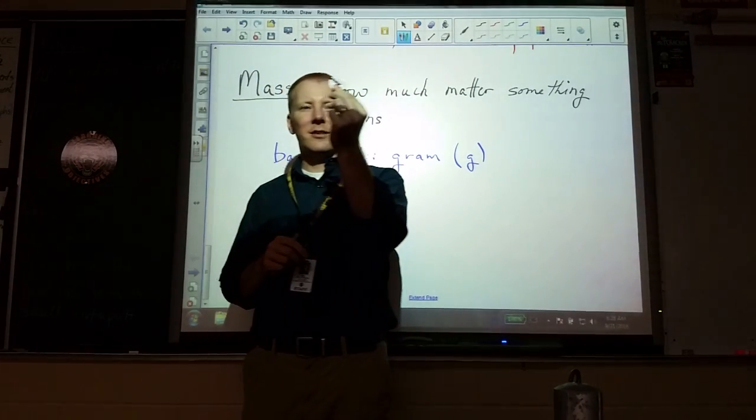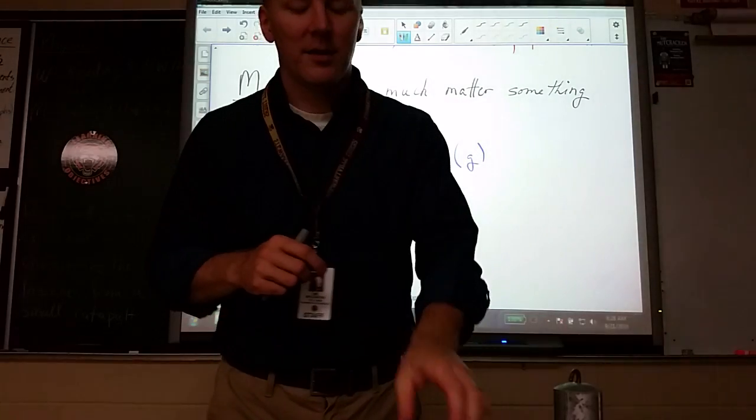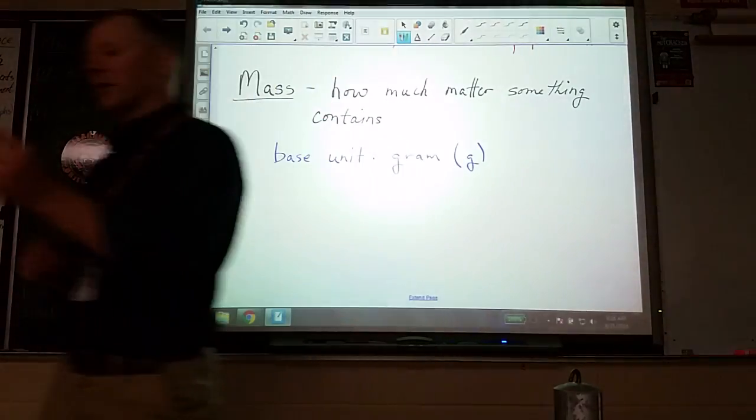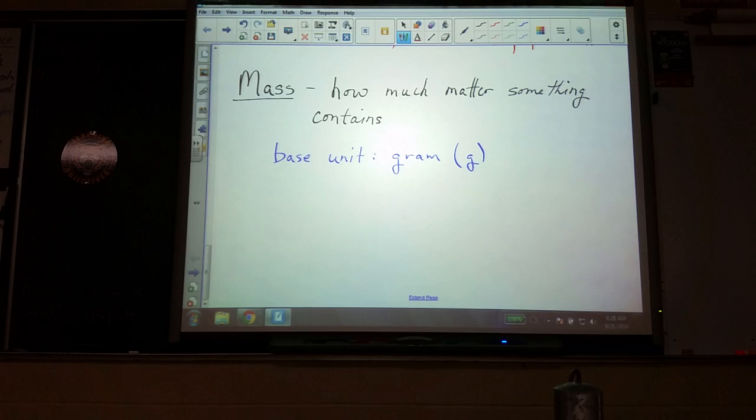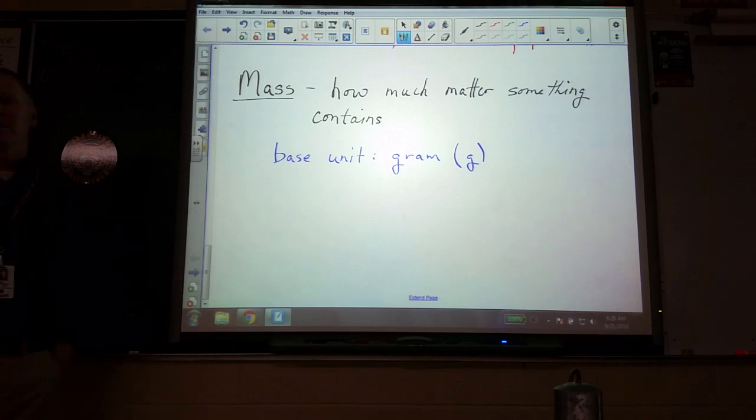This little thing is a gram. It's a thin piece of aluminum. I'll pass it around so that you can feel it. So if you had a 1 centimeter cube of water, which is also the same as 1 milliliter, which we'll talk about next, it would have the same mass as that.